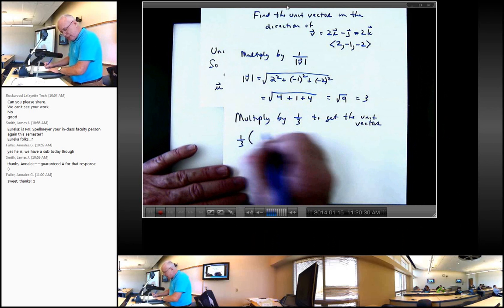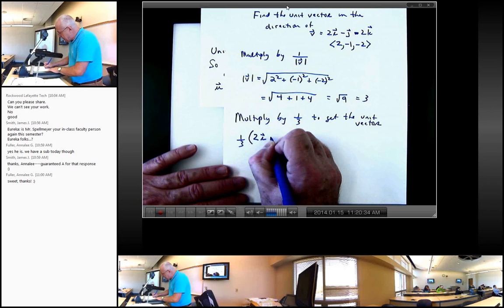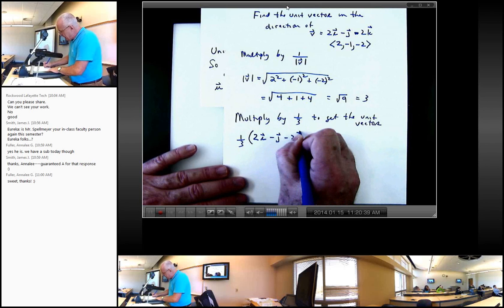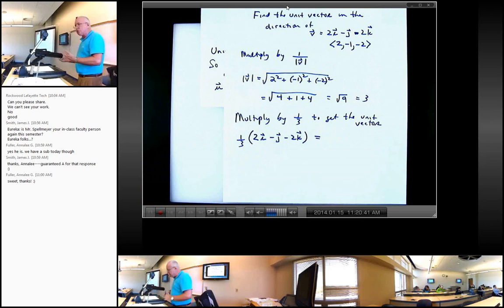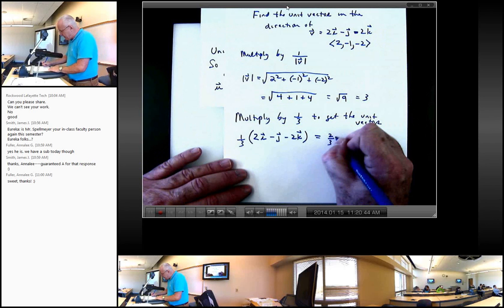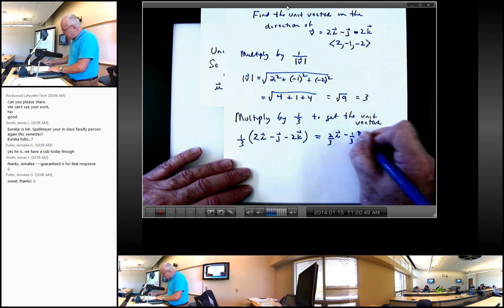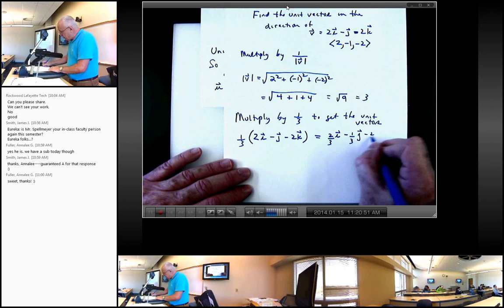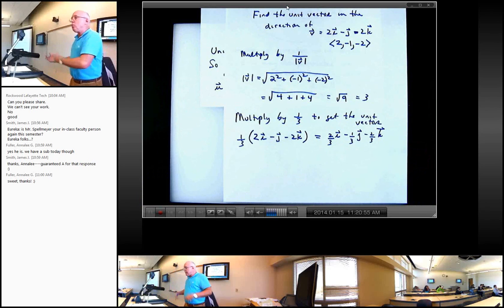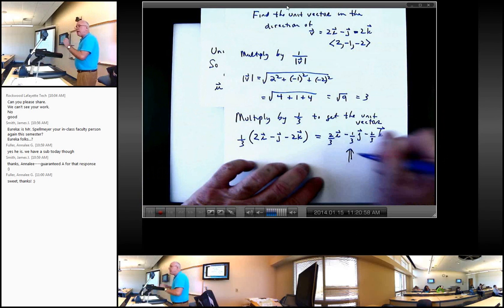I'm going to put a couple steps in here. 1/3 times 2i minus j minus 2k, and that's the same as just distributing: 2/3 times the i vector minus 1/3 times the j vector minus 2/3 times the k vector. I'm just distributing. That's one way right here that I can write it using the i, j, and k.